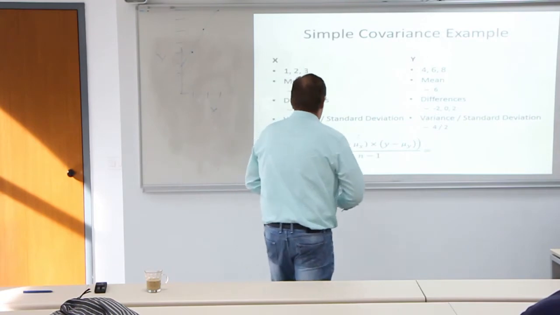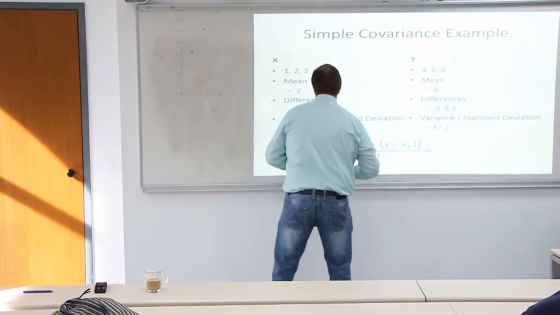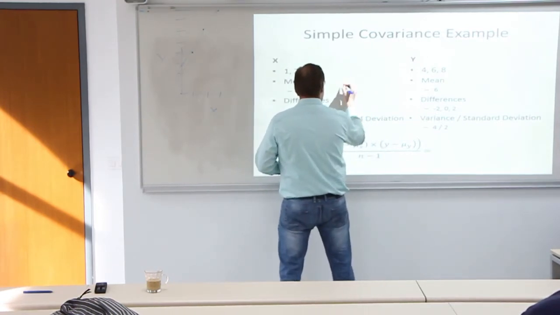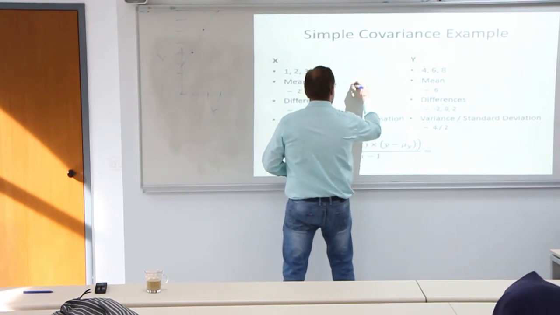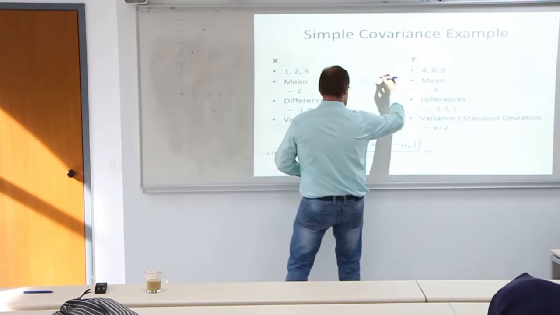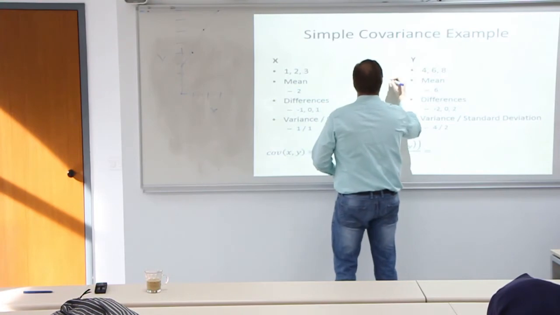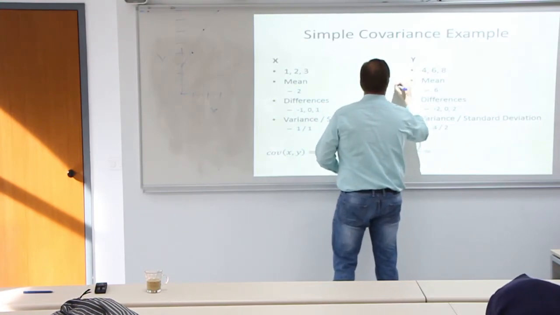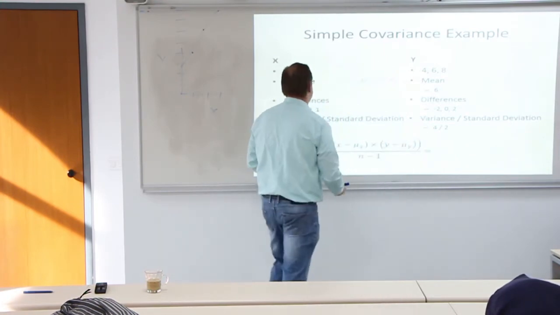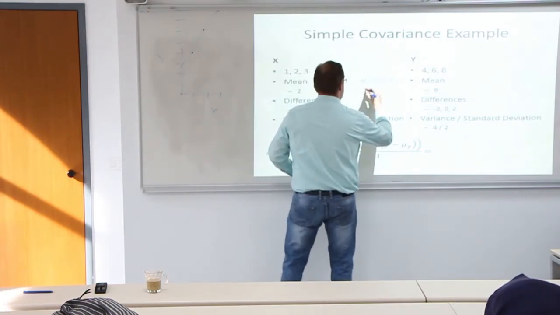Let's do variance like this. So variance was x minus the mean of x times x minus the mean of x, and the sum of all those things, over n minus 1.